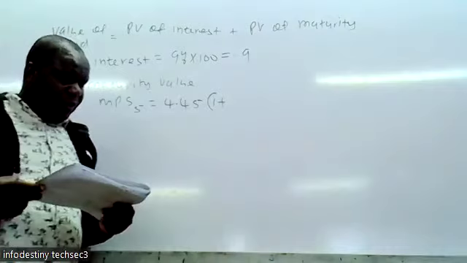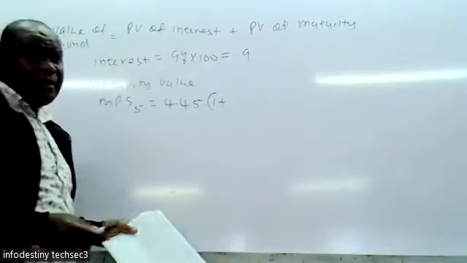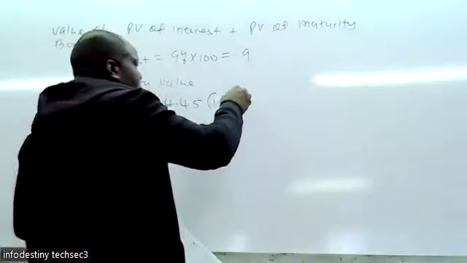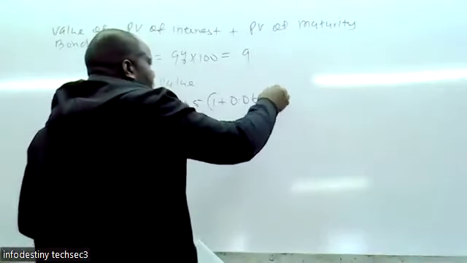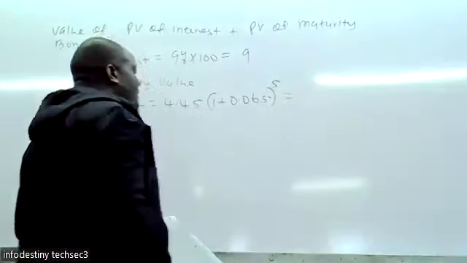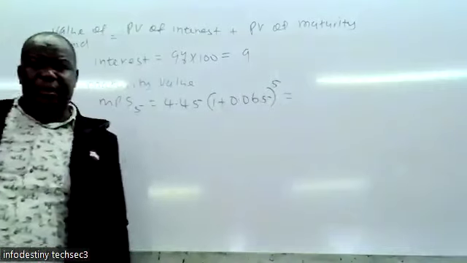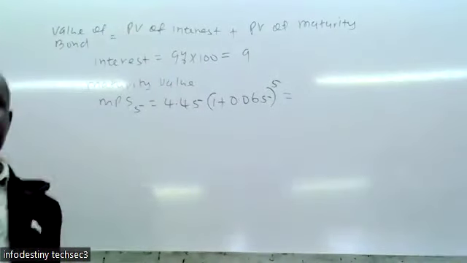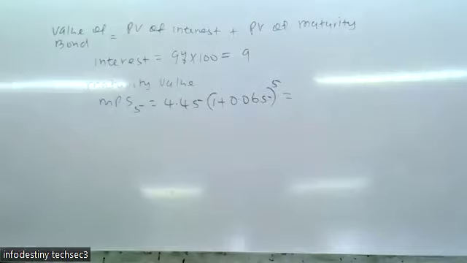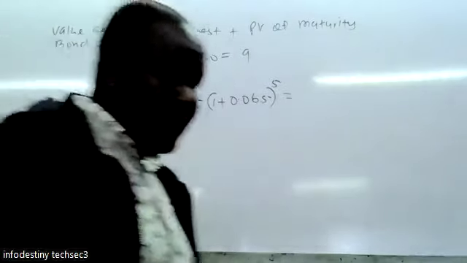It is supposed to grow at a rate of 6.5%, which is the same as 0.065, for 5 years. So compute that figure, then give me the market price per share after 5 years.